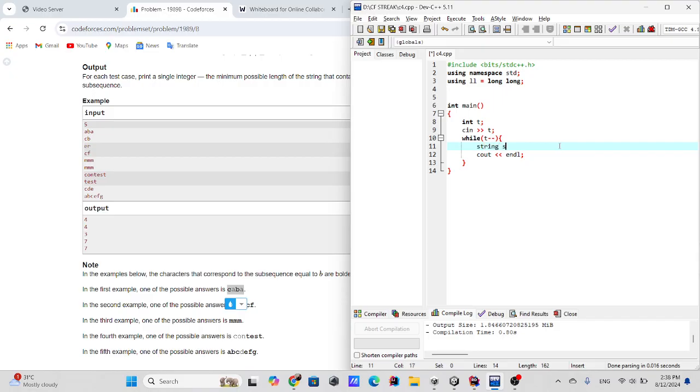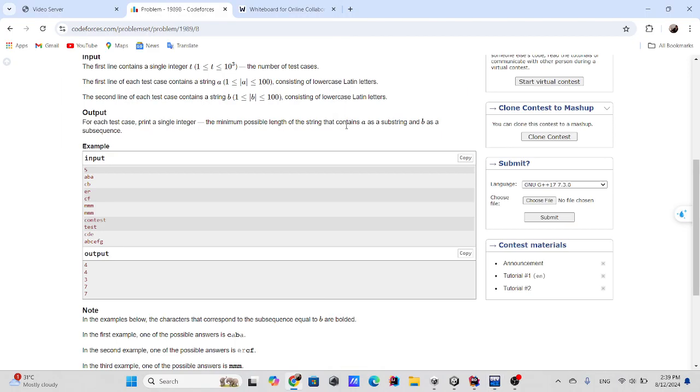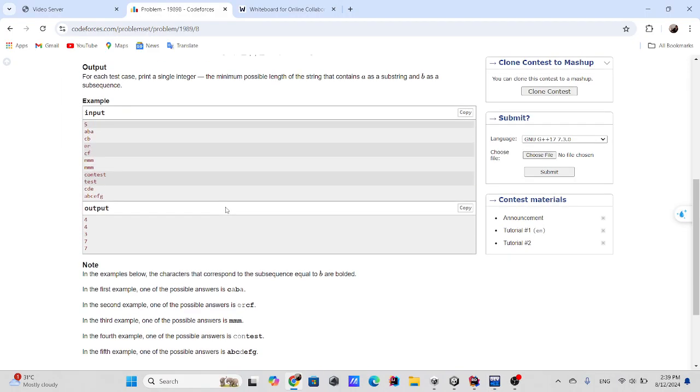Let's read the input first, guys. What are those strings called? A and B, right? Okay, A and B. CABA.